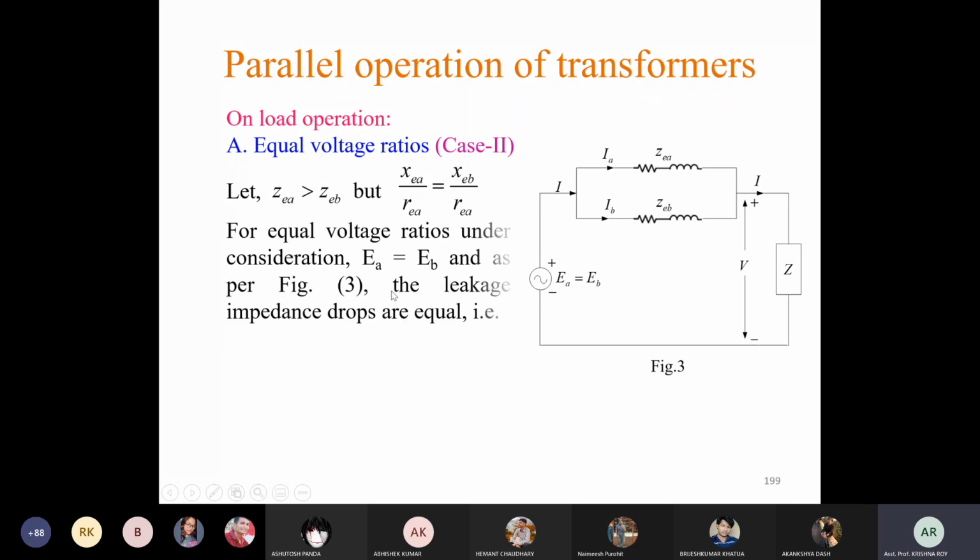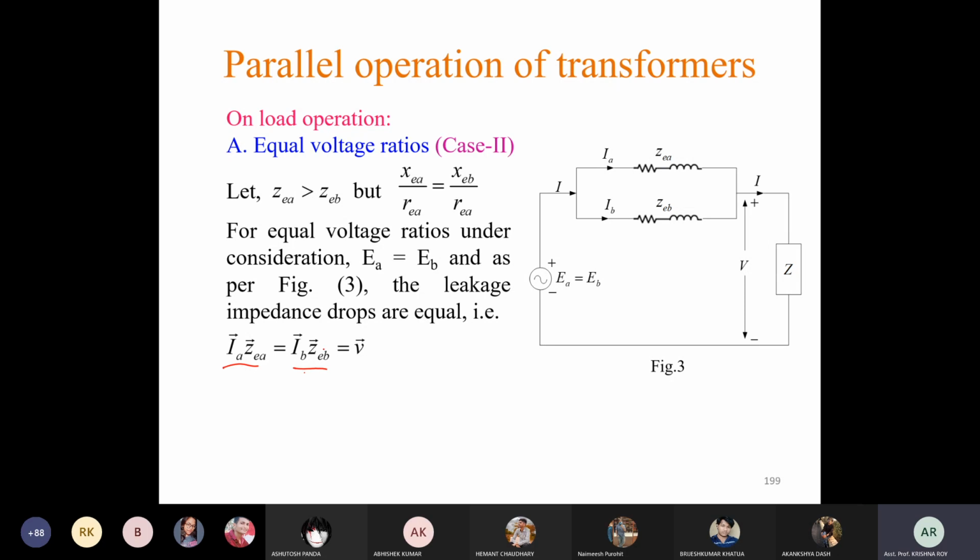Therefore, we can draw the phasor diagram based on that equation. Here, due to the equal voltage ratio assumption, again the voltage drops are equal.